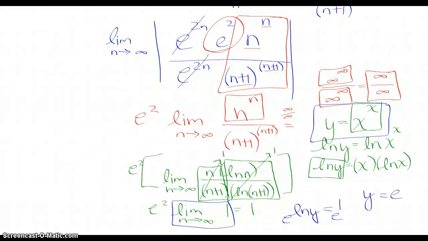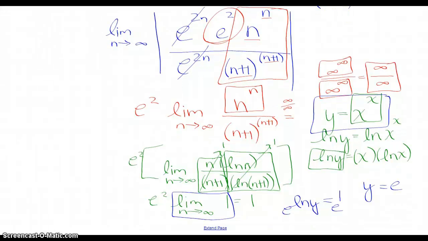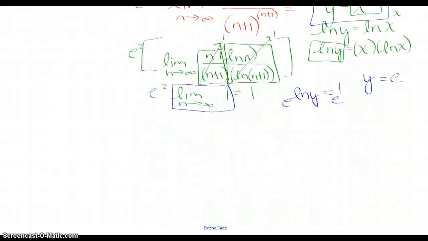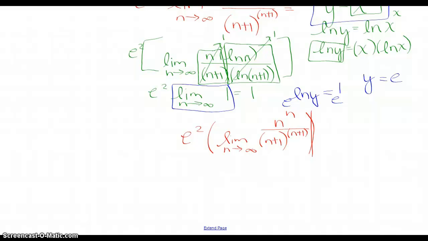So I have e squared times the limit as n approaches infinity of n to the n over n plus 1 to the n plus 1, and we could take absolute values of that, is e squared times e.